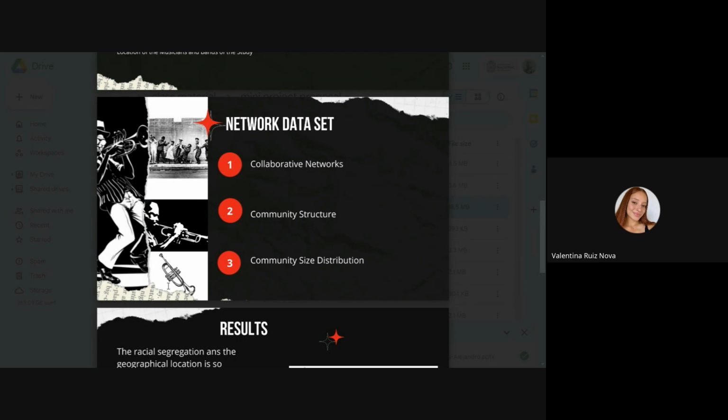So, the analysis includes 188 bands that performed between 1920 and 1940, with the majority of bands in the 1920s. The database lists the musicians who played in each band, without specifying which musician played at different times. The bands contain between 12 and 75 different names of musicians. Okay.